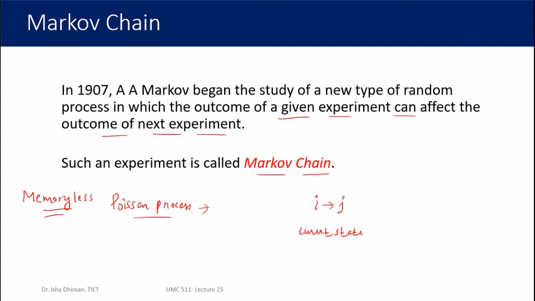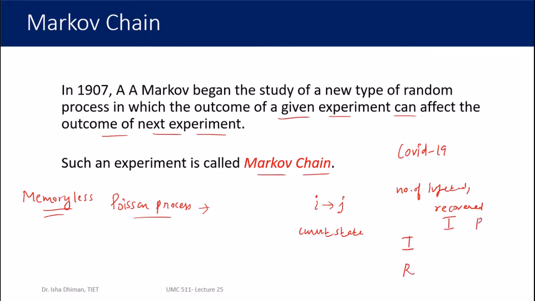To understand an example of Markov chain, you can take how this COVID-19 situation is spreading, right? So say you're counting the number of infected and the number of, say, recovered people. Let I denote the number of infected, R denote the recovered persons.